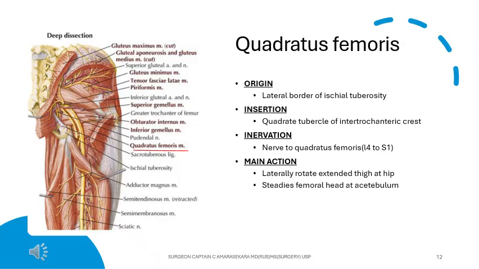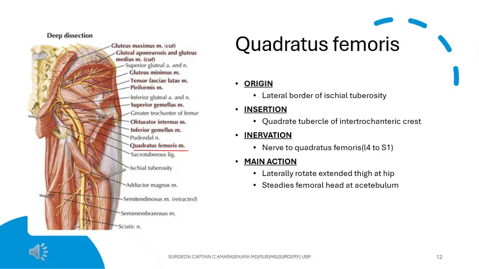It is innervated by the nerve to quadratus femoris, arising from the spinal roots L4 to S1. This nerve also supplies the inferior gemellus, forming a functional unit that supports hip joint integrity.